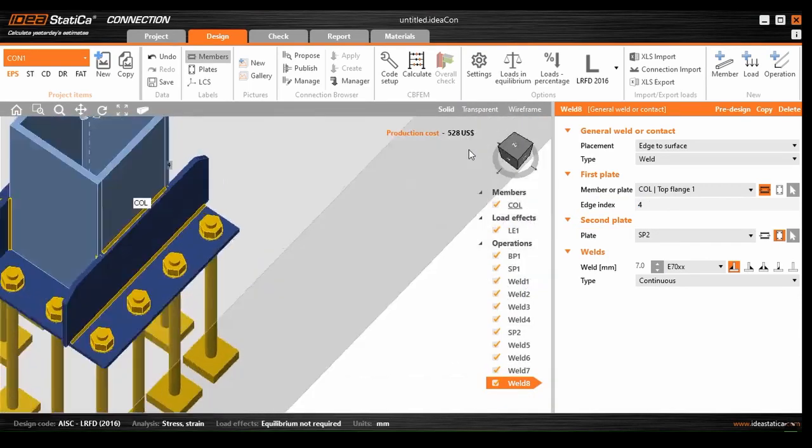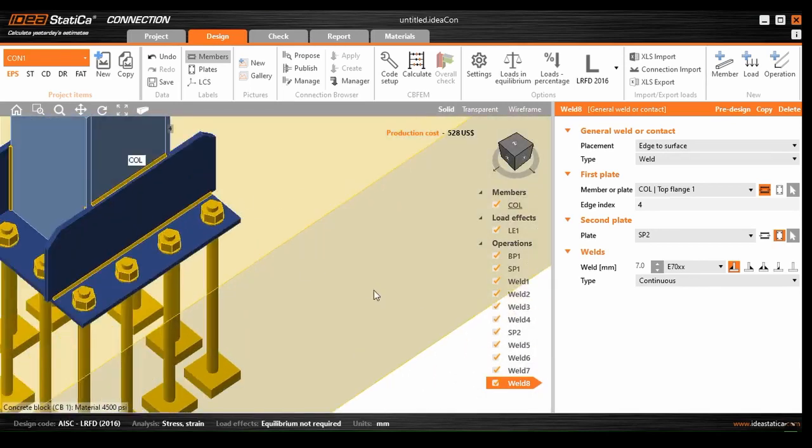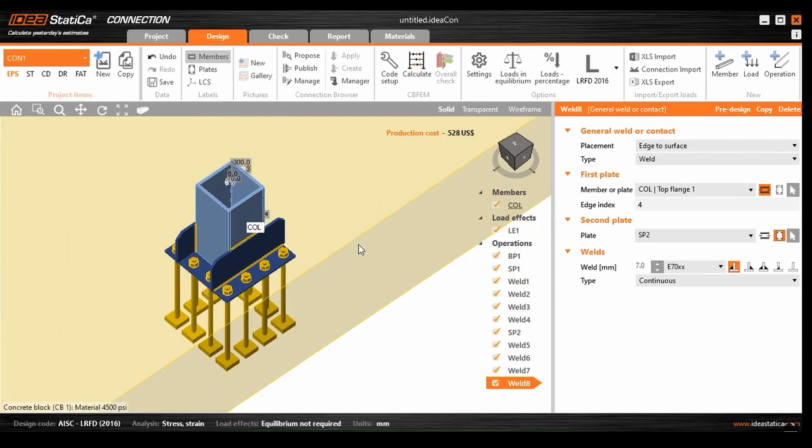Okay. All the welds of SP2 are now well added. So, so far so good.